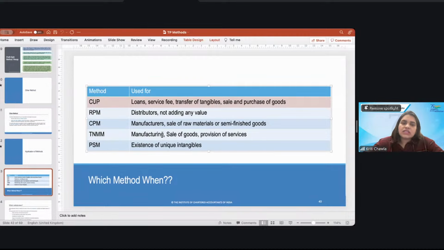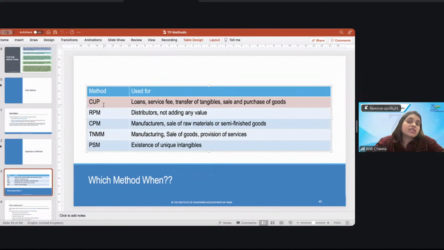Okay, so the CUP method, or the comparable uncontrolled price method, can be used in a situation where data is available. Wherever you see that data relating to an independent party situation is available, and that situation is comparable to your situation, that is where the CUP method is applicable. Now, this transaction could be anything.